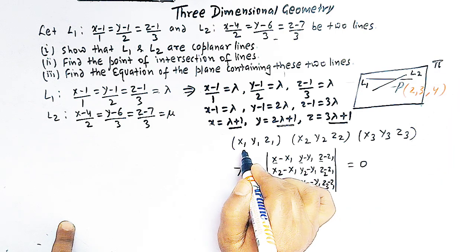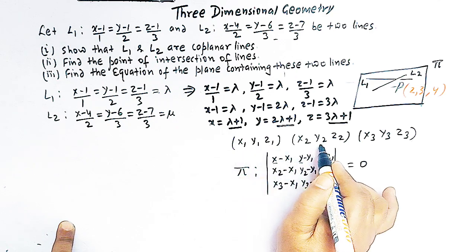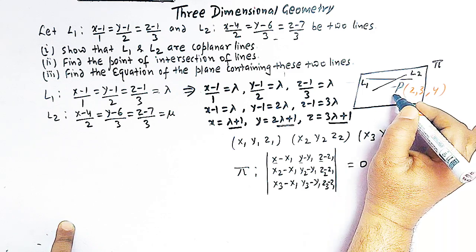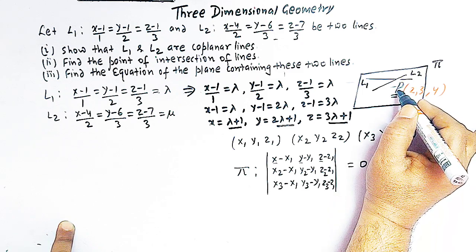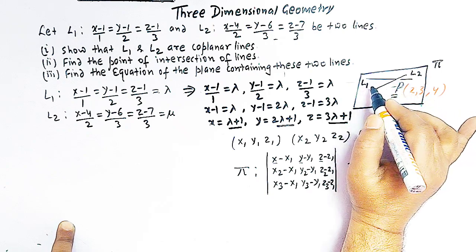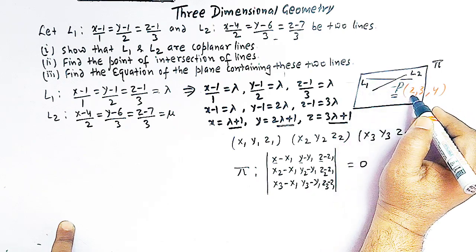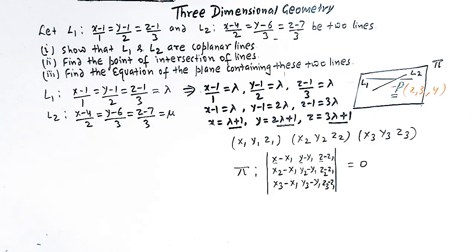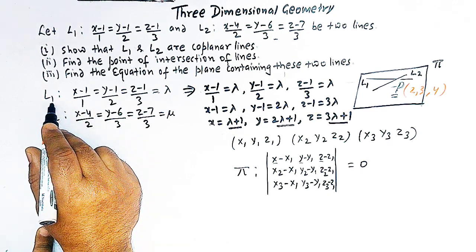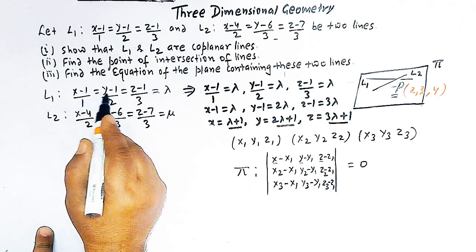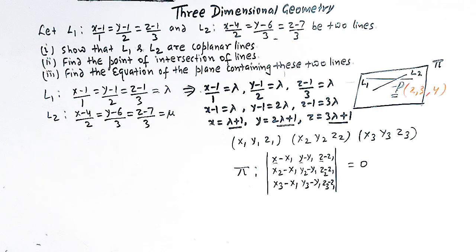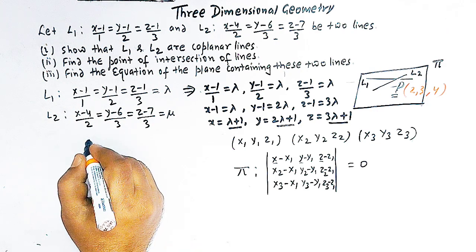So now let us see the coordinates x1, y1, z1, x2, y2, z2, and x3, y3, z3, right? Here we already have one point, that is P, which is the point of intersection of the lines L1 and L2. So this is 2, 3, 4. Now let us look at the equations of the lines L1 and L2. This line L1 passes through the point 1, 1, 1, so the point 1, 1, 1 lies on the line L1.